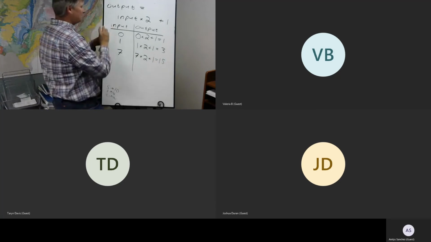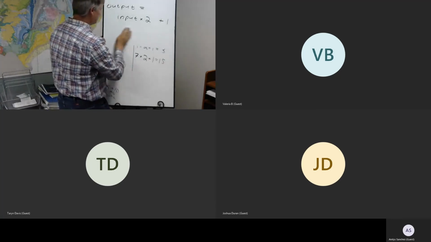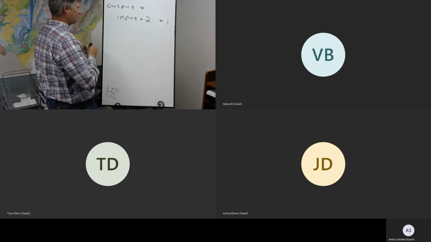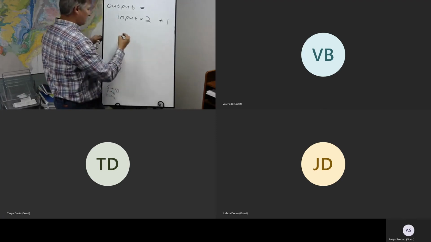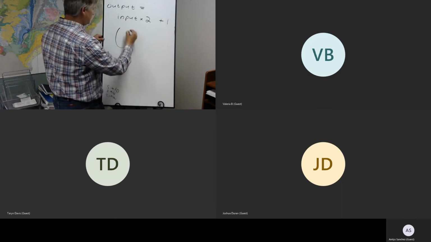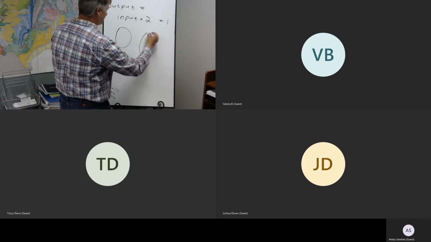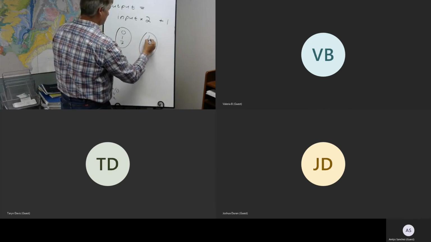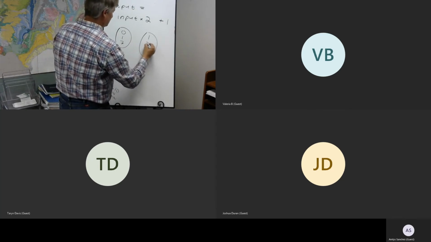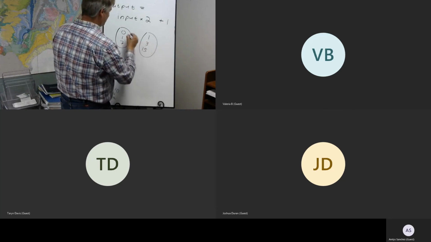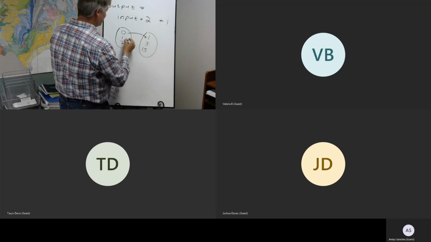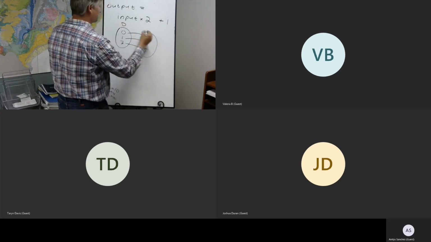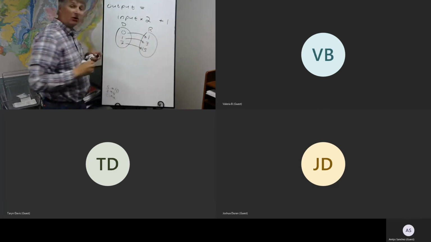So I'm going to summarize this a little more succinctly. As a domain and range graph, we got something like this. D for domain and R for range.